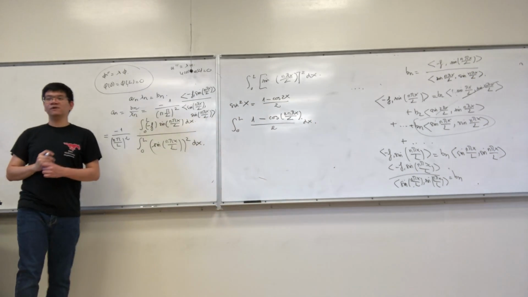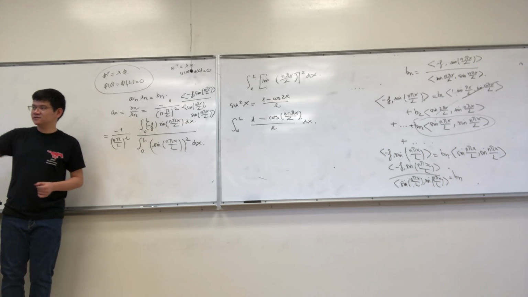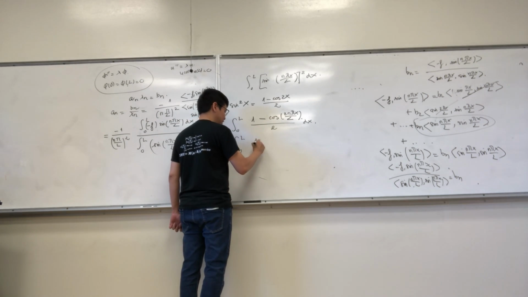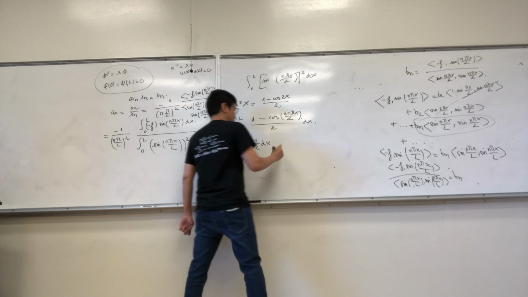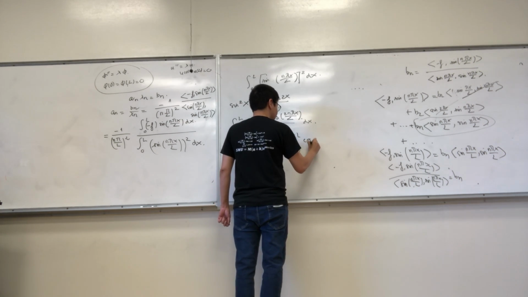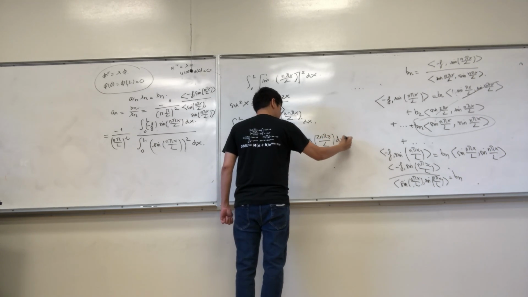So how can I compute this integral? You're going to split the integral into 1/2 dx and minus 1/2 integral from 0 to L of cosinus of 2n pi x over L dx.